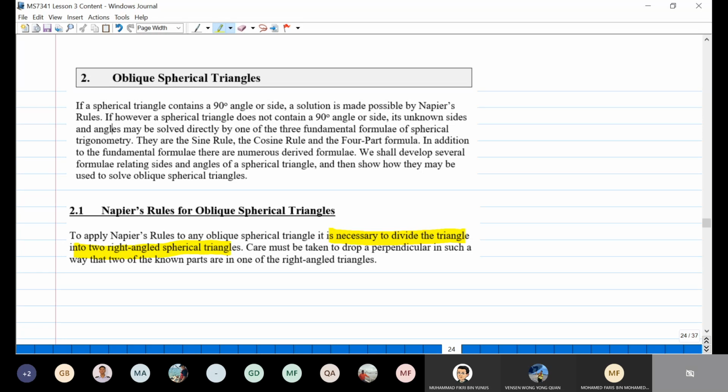You must drop the perpendicular in such a way that the null parts are in one of the right angle triangles. This is the hint: how to drop the vertical line to make a 90 degree angle. But I'm not going to go through this because there is not enough time.